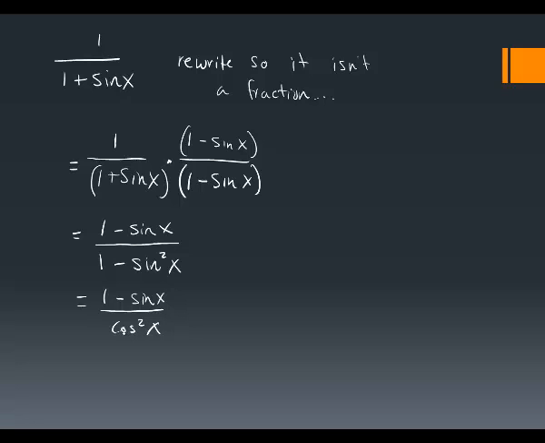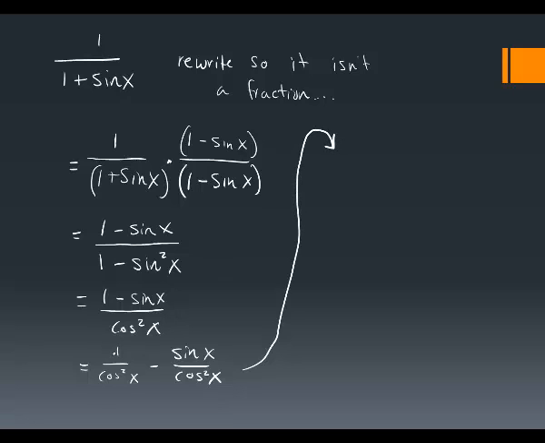All right. So let's go ahead and separate these out. This is 1 over cosine squared x minus sine x over cosine squared x. And we're running out of paper, so let's move this right here.